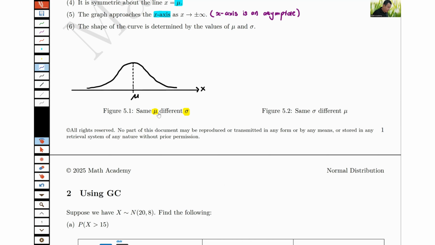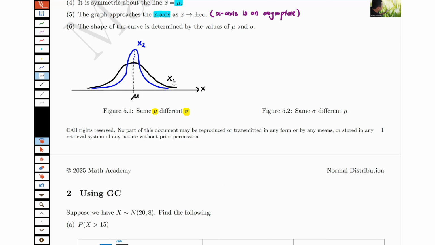If I would like to have a second graph that has the same mu but a different sigma, let me draw it first, then I explain more to you. It will be flatter at the ends, but in the middle it will be higher, at the same middle position with the same mu. Should look like that. This is a different curve, let's call this x2. My black curve is x1.